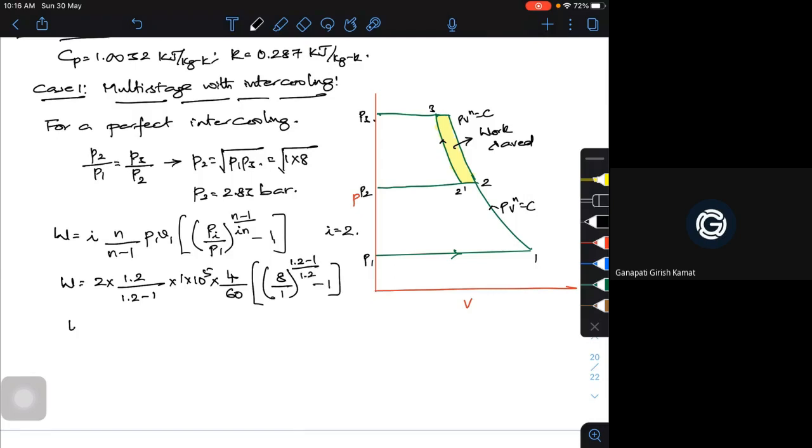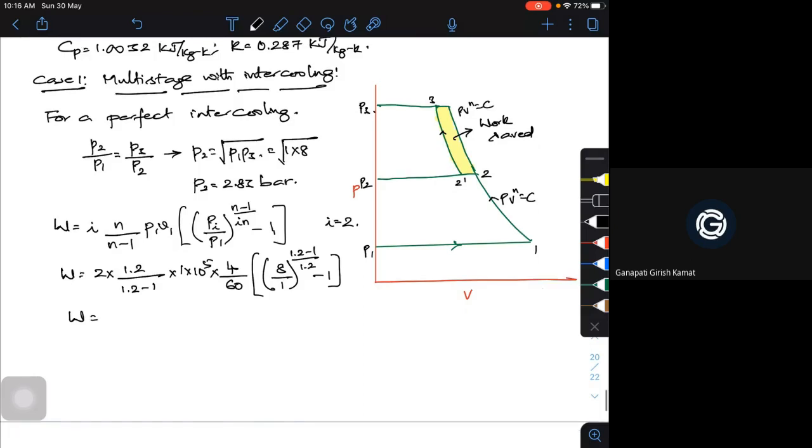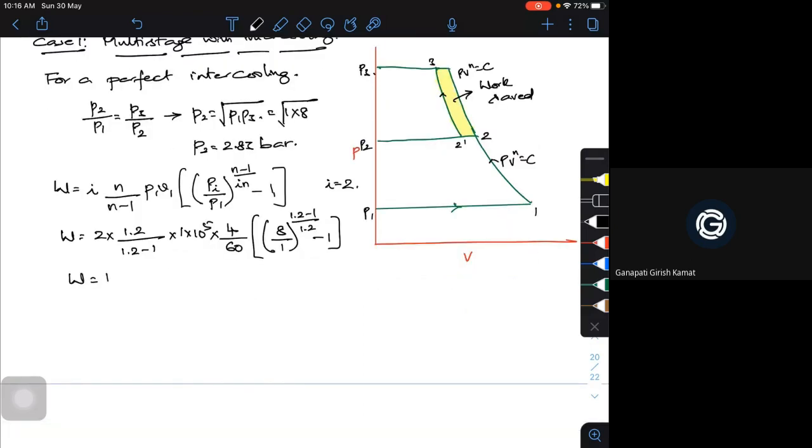So I am getting W as 15.12118 or something, so 12 kilowatts.